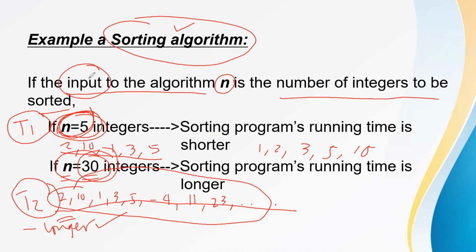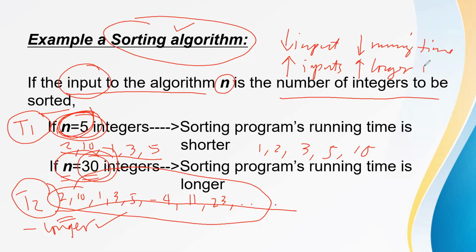The smaller the input, the shorter the running time. The more inputs, the longer the running time. Fewer inputs, shorter running time. More inputs, longer running time, because there are many inputs to process.